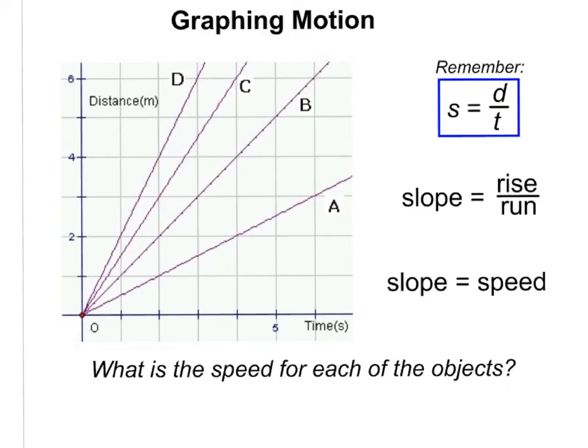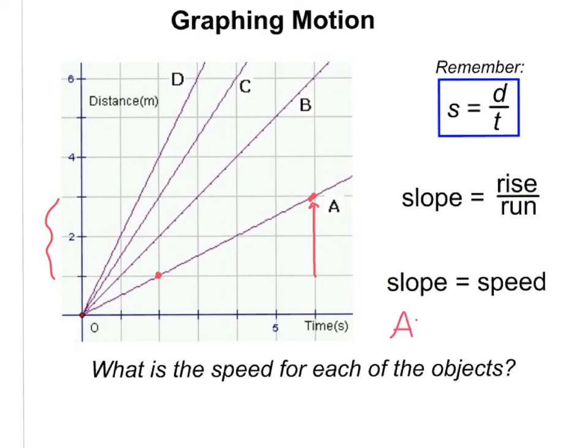So what is the speed for each of these objects? Let's look at the first one, A. Let's pick some convenient points. Since the speed is constant, we can pick any 2 points and determine the speed for that. Let's pick this point and this point because they intersect our graph nicely. We know that the rise, if we look over here, is 2 meters.